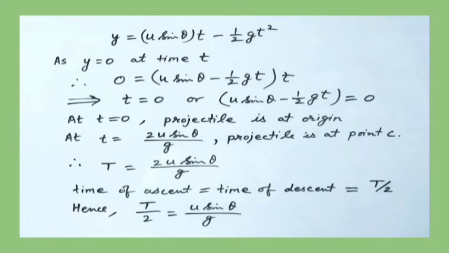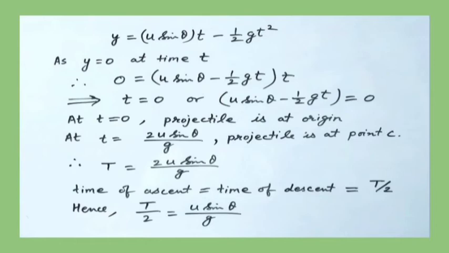This implies that t = 0 or u sin θ − ½gt = 0. t = 0 corresponds to the time when the projectile was thrown, that is at position O. And t = 2u sin θ/g corresponds to the time of flight capital T when the projectile arrives at C. Therefore, T = 2u sin θ/g.